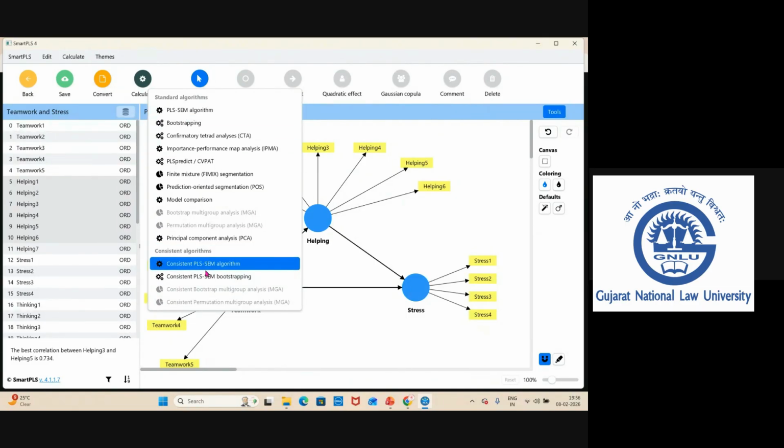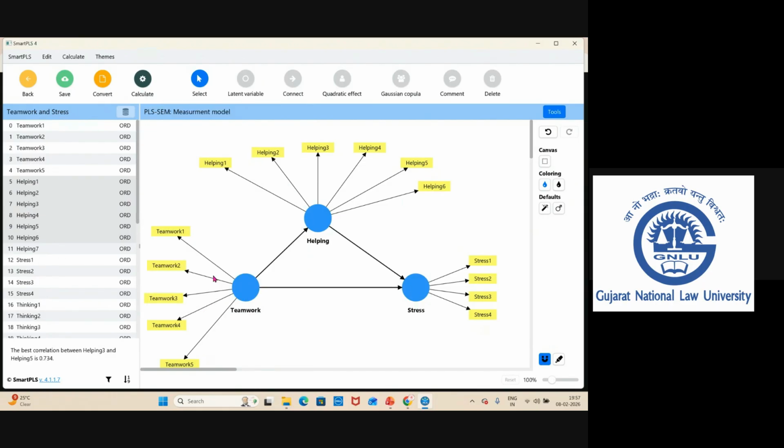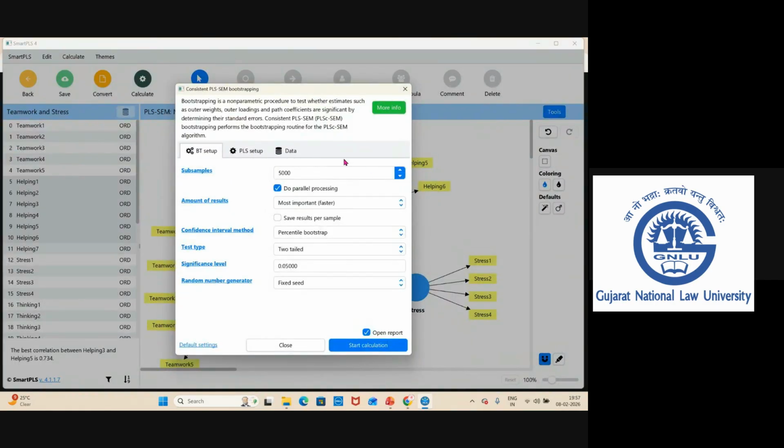Whenever we have reflective constructs, we are going to use consistent algorithms. Okay. Now, first and foremost, we are going to use the consistent PLS bootstrapping method. Just click on it. And as you know, we have done this several times, I'm not going to make any changes here. Just click on start calculation.